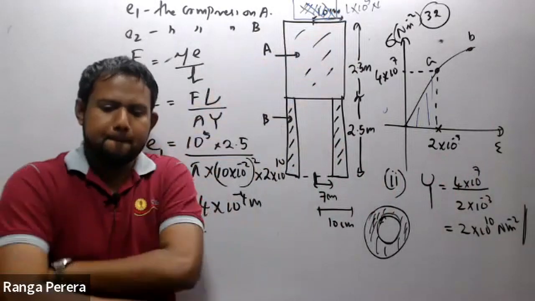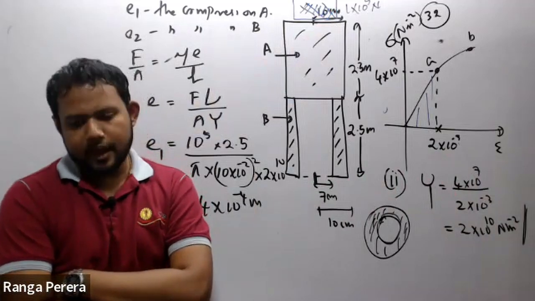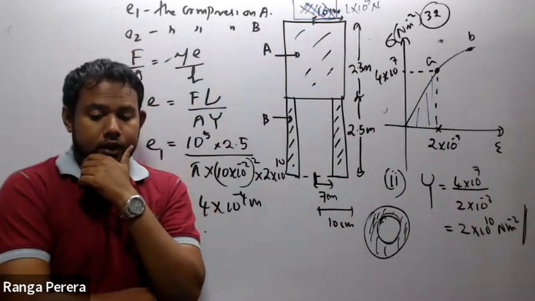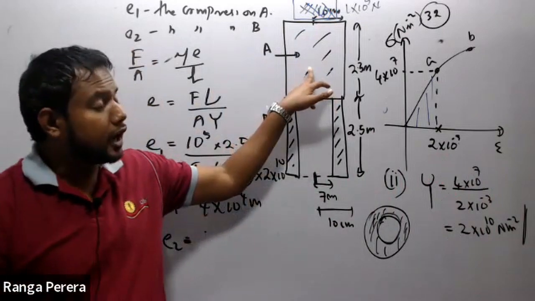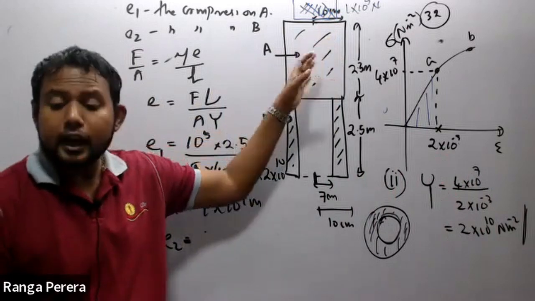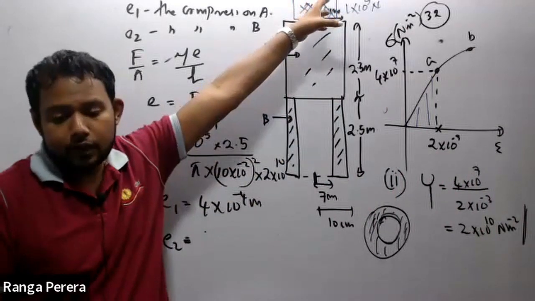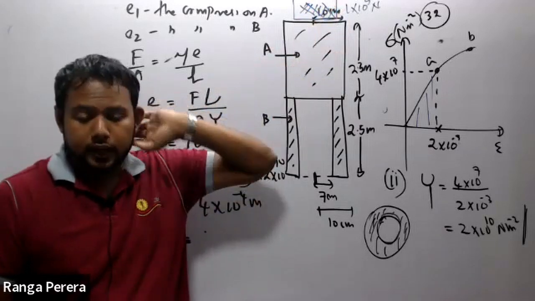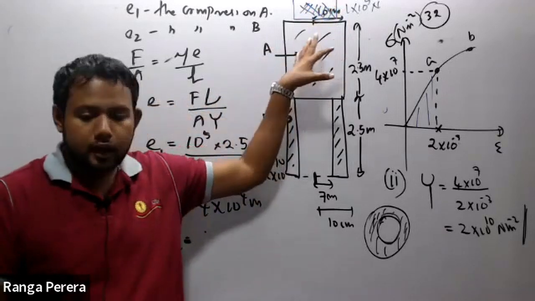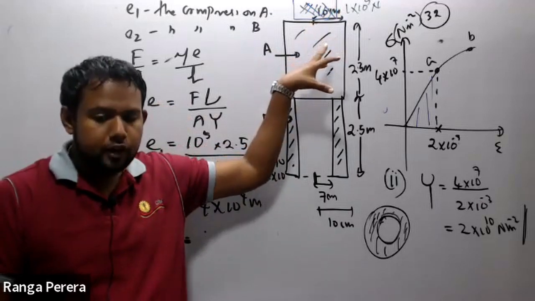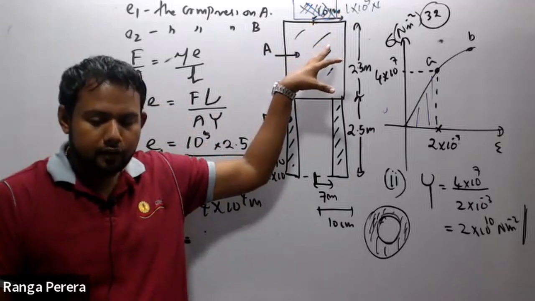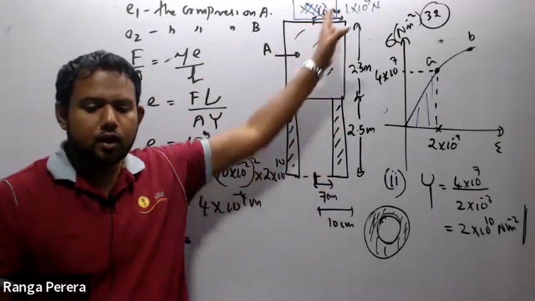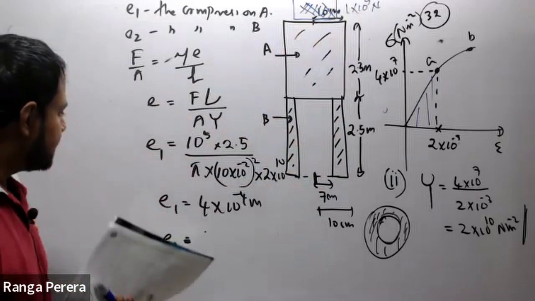The bottom one? Same, exactly the same. Good. As I told you, the series concept: if they highlight a certain weight, then I should consider this weight plus that weight, both. They are not telling you a certain weight on that. Even as I told you, if the weight of A is given only, you have to consider it. Since they haven't provided the weight, I should consider only 10 to the power 5.